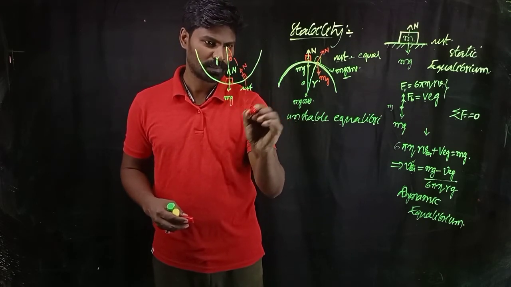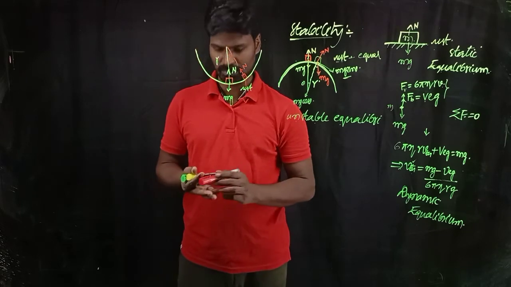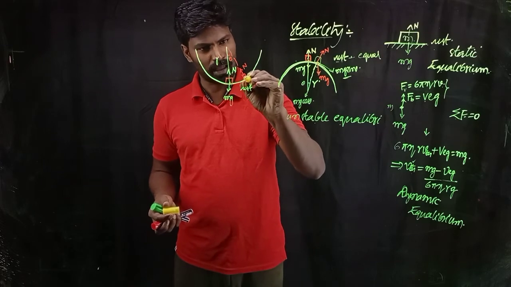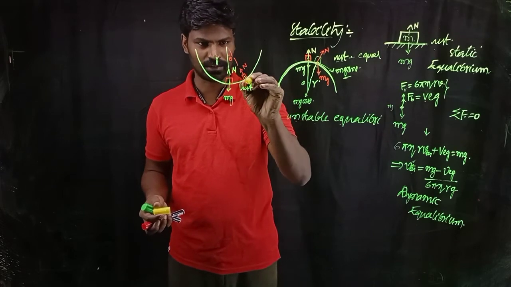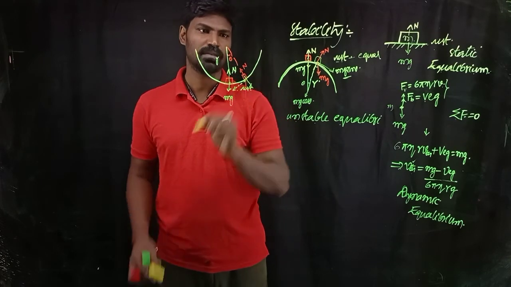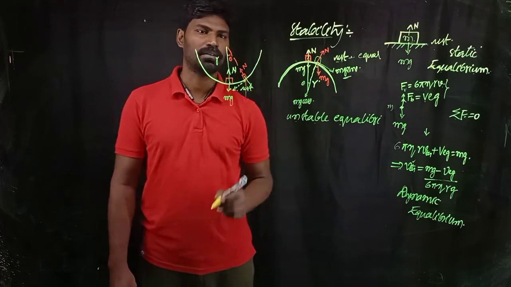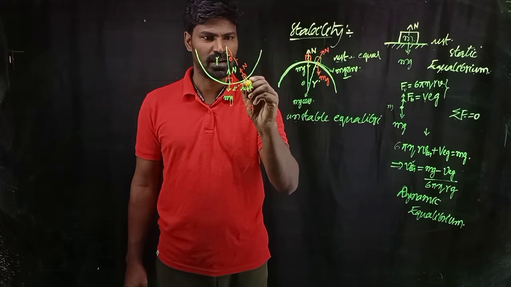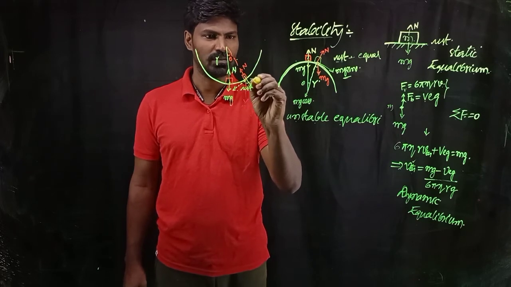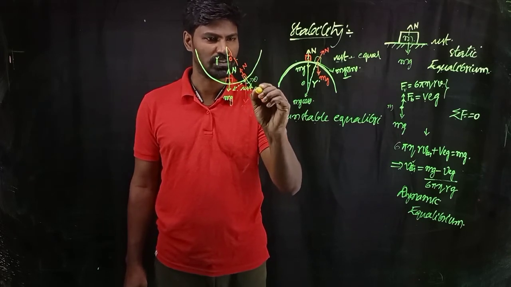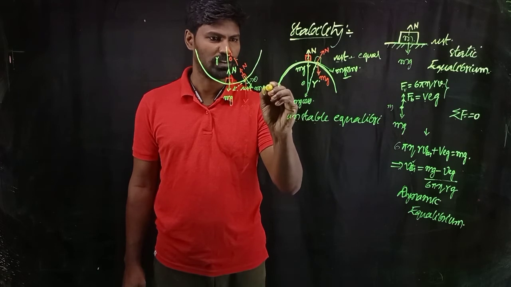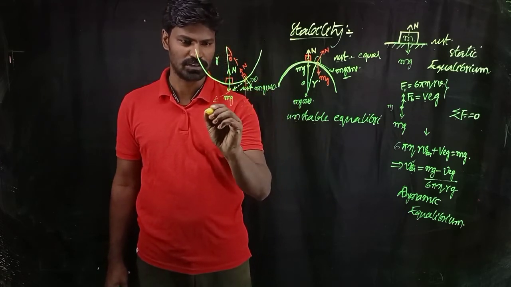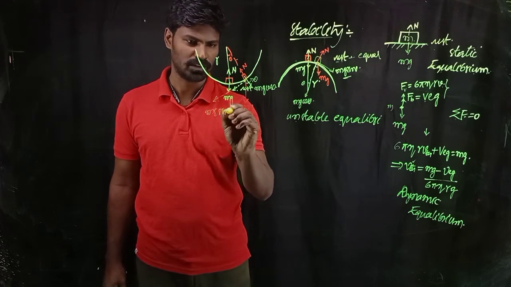If you resolve this mg along the normal and along the tangential direction, then if this angle is theta, this angle is also theta, because of which the component of mg in this direction is mg cos theta, and the component of mg in the tangential direction is mg sin theta.